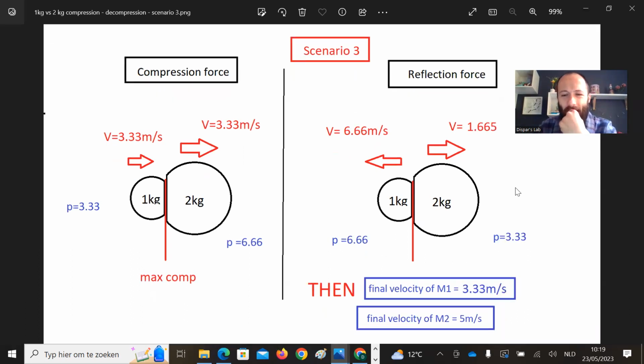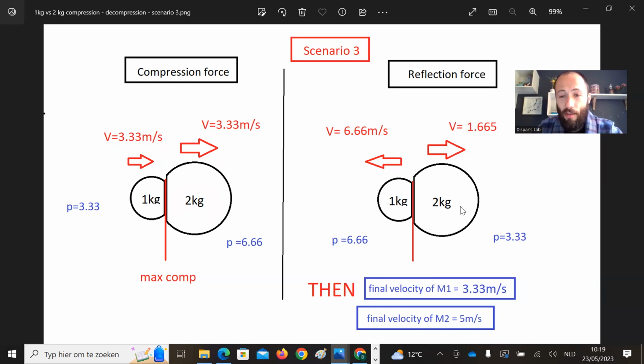Scenario 3. Okay, so the 1 kilogram does bounce back with 6.66 meters per second. But if you want to consider the momentum, then the 2 kilogram should only be going at 1.66 meters per second in that direction, such that the momentum is 3.33. But that's also not what happens, according to conventional predictions.